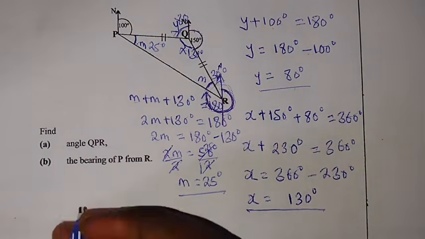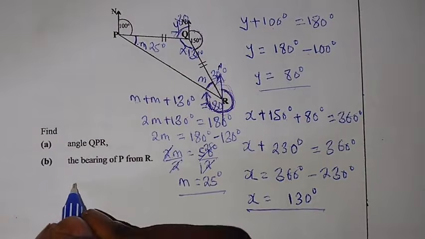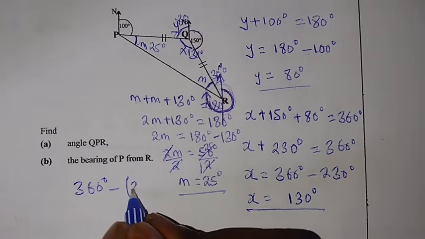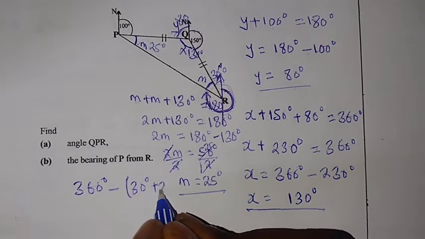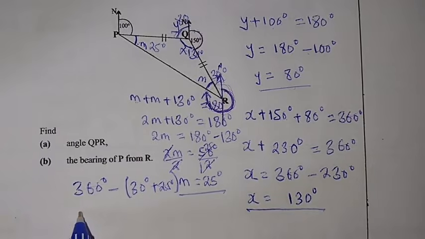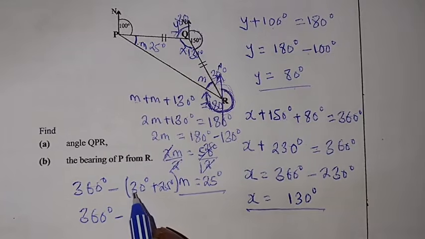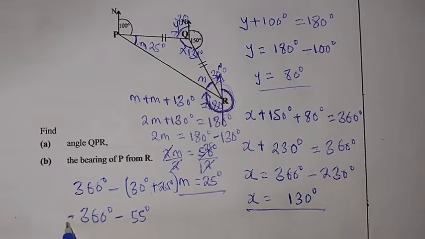So we will write 360 degrees minus the sum of 30 degrees plus 25 degrees. 0 plus 5 you get a 5, 3 plus 2 you get a 5. So we are getting 55 degrees.